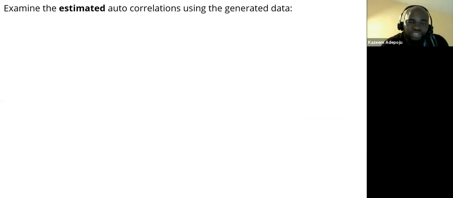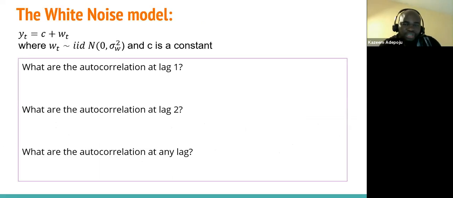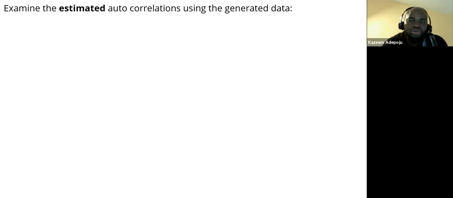Okay, so based on the model that we generate, we actually want to look at the autocorrelation function, autocorrelation at lag 1, autocorrelation at lag 2. We can also talk about autocorrelation at any lag that we want to talk about. Okay, so let's take a look at that one by one. We want to examine the estimated autocorrelation using the generated data, okay?